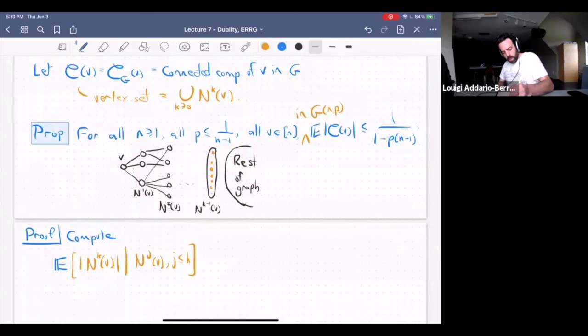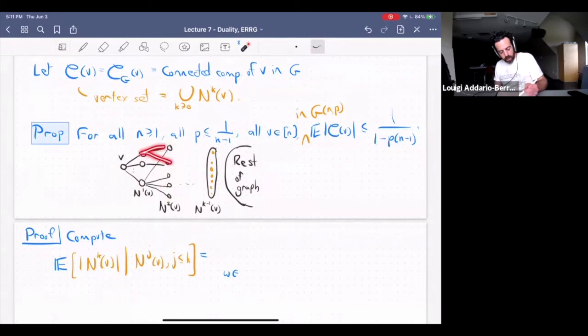If each of the vertices which is a neighbor of v counts its number of neighbors in the second neighborhood, then I'll get an overestimate of the size of the second neighborhood.